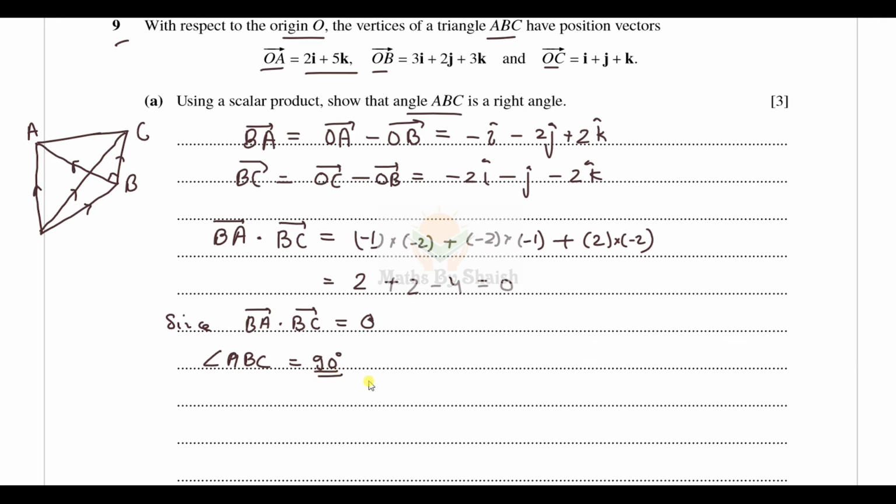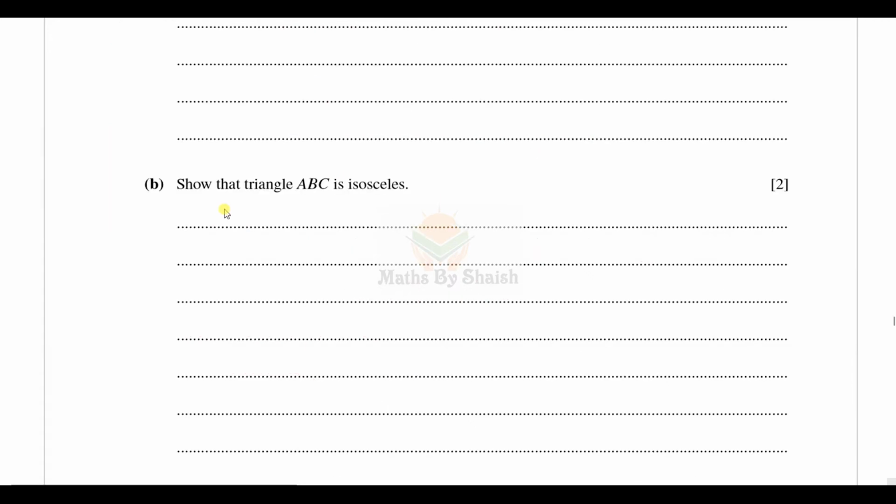Let's do the next part of it. Show that the triangle ABC is isosceles. First of all, if you have a right angle triangle, then only these two sides can be equal. Otherwise you cannot include the hypotenuse in order to prove that this is an isosceles triangle. We see in the diagram, it is BA and it is BC vector.